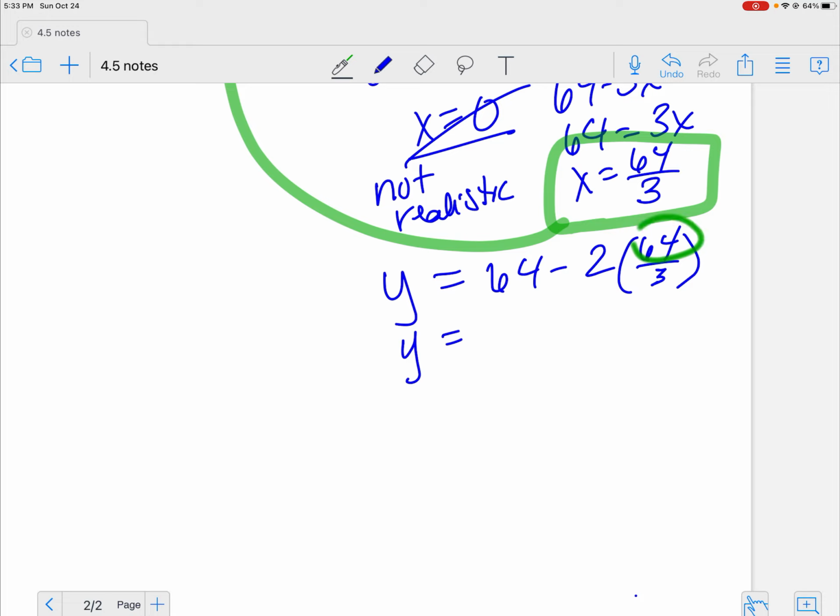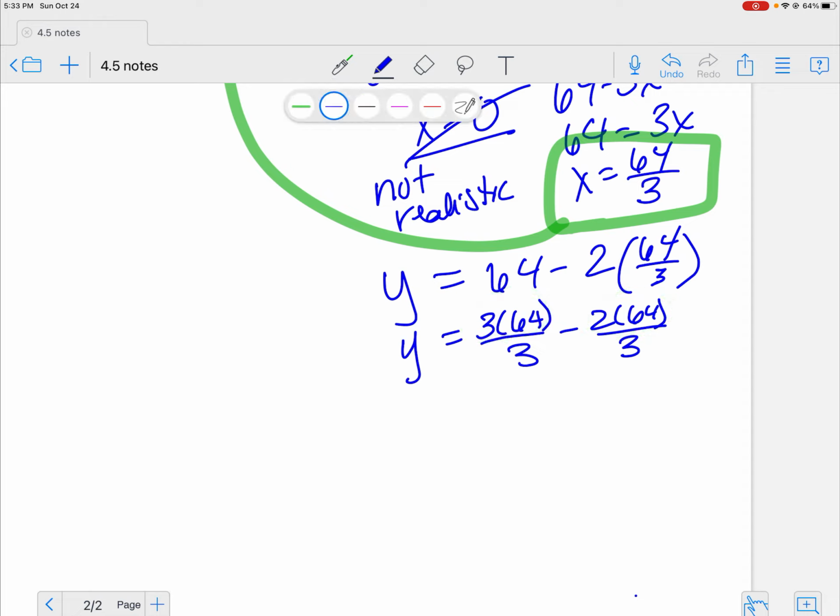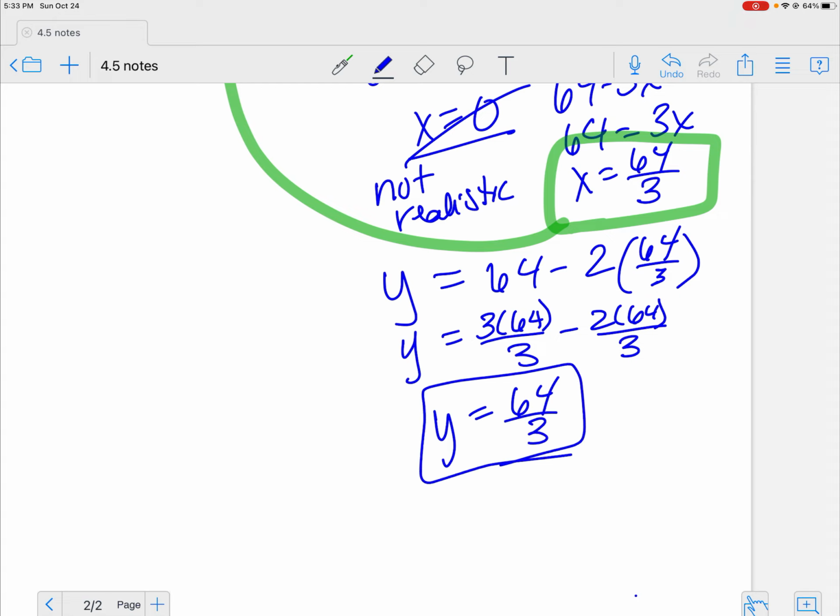The fact that there's a 64 involved with both of these, it's just easier to get a common denominator. So if I have 3 64s over 3 minus 2 64s over 3, that just makes life easier. So 3 64s minus 2 64s is going to be 64 over 3.